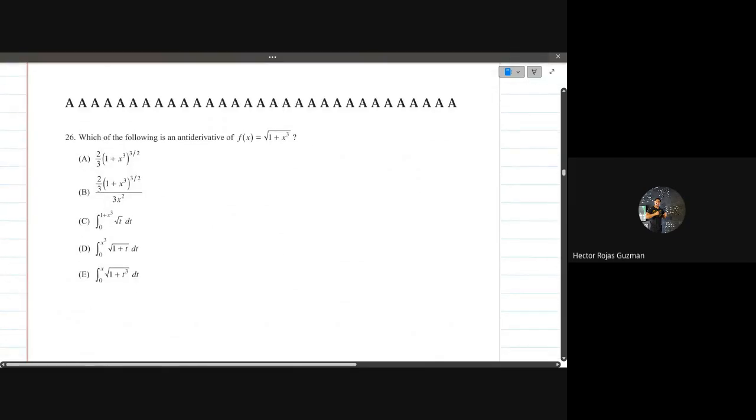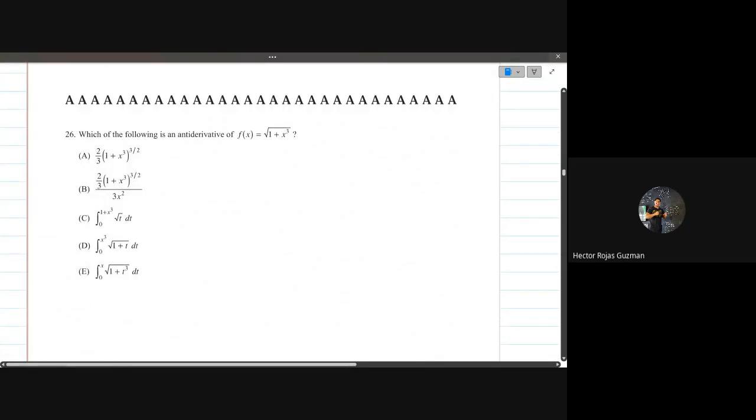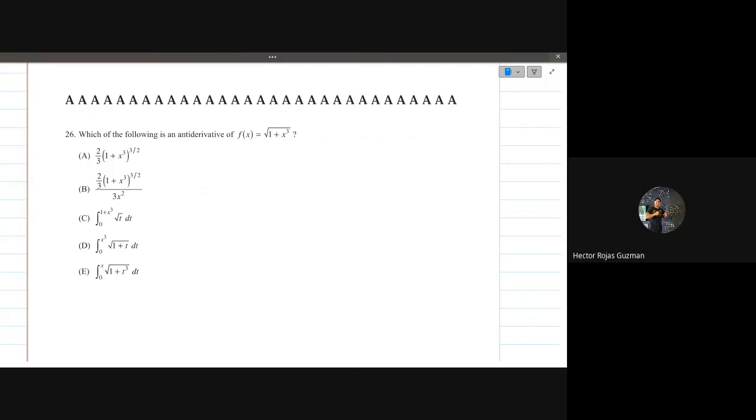26. Which of the following is the antiderivative? This looks kind of complicated.